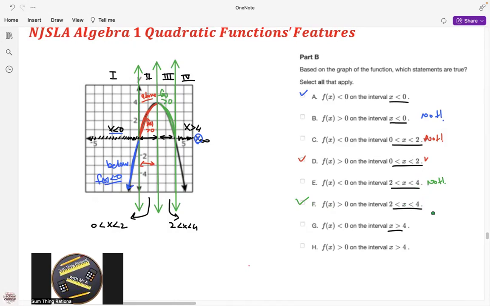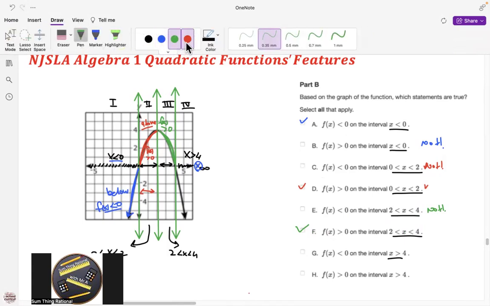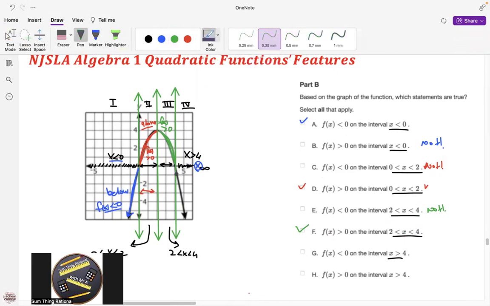And the last region, where is that piece of the function located? Maybe I can use a slightly different color. Here in this region, the piece of that function is below the x-axis, meaning f of x values here are always less than 0.